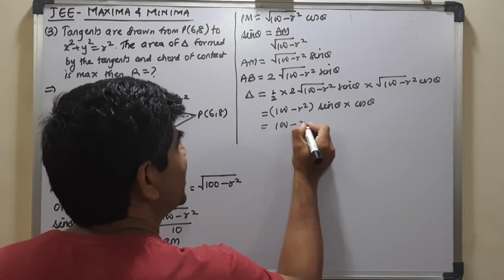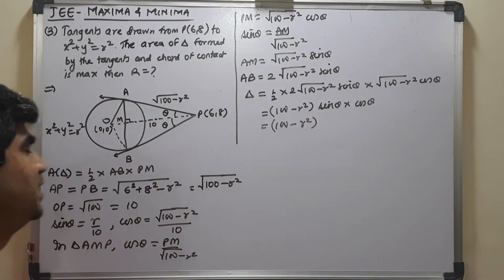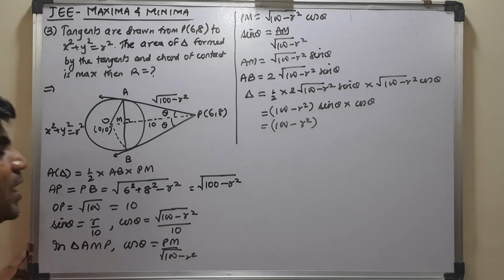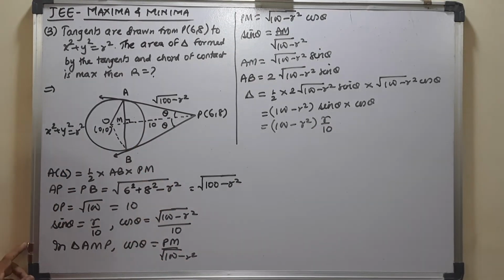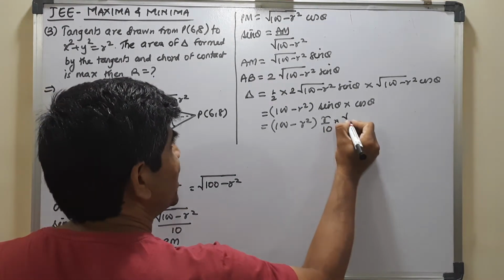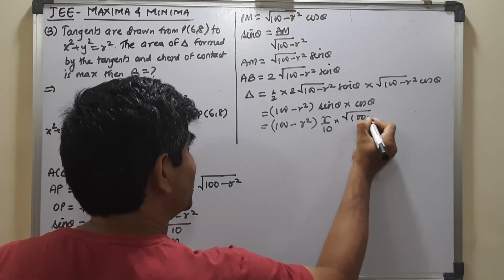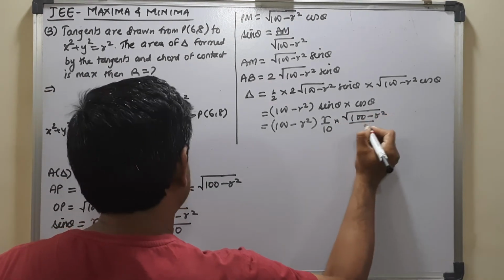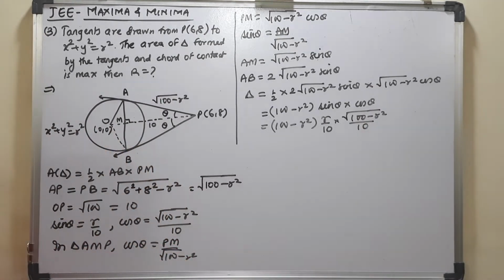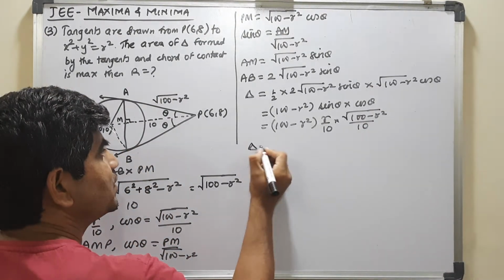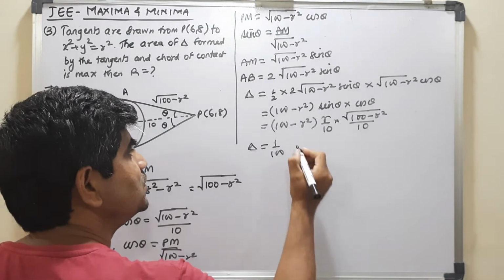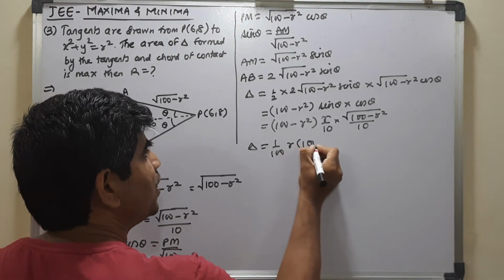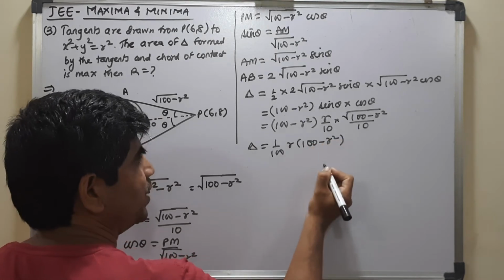That is 100 minus r square, sin theta found out over here in terms of r, that is r by 10, and cos theta as under root 100 minus r square by 10, that is 1 by 100 into r into 100 minus r square.